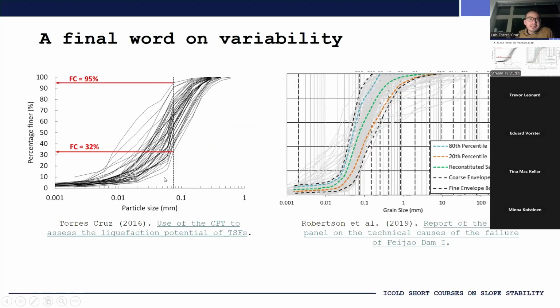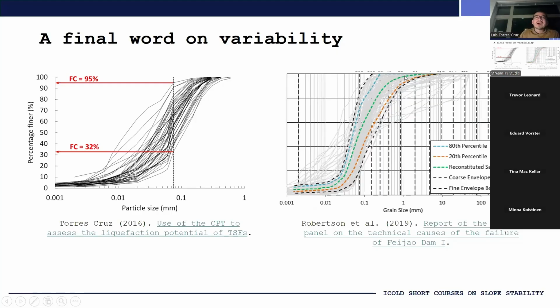On the left-hand side, these curves come from samples retrieved from a platinum tailings dam. And this one on the right-hand side comes from the Brumadinho dam, by the way. So that was iron ore. And you can see that there is strong variability in particle size distribution.